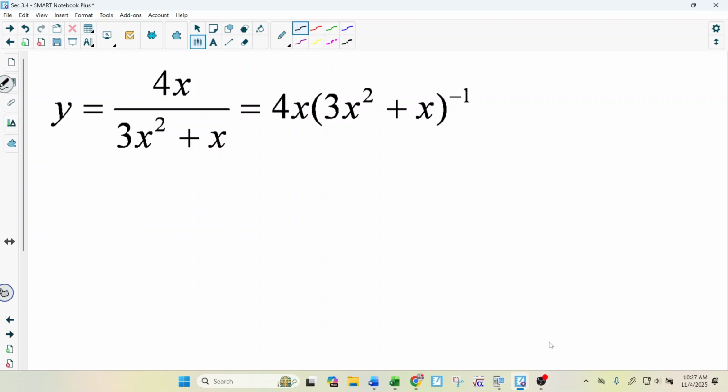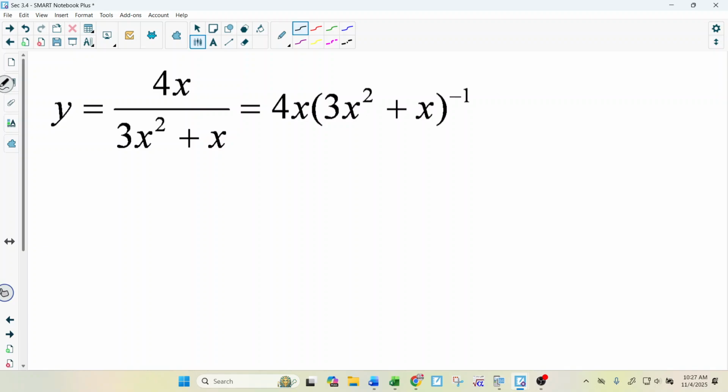Okay, so we now have a question on how you want to do this. If we look at this one here, there's two things we can do. We can think of this as a fraction, do quotient rule, or we could rewrite it like this and use the chain rule. Both work. So I want to show you how that works here.